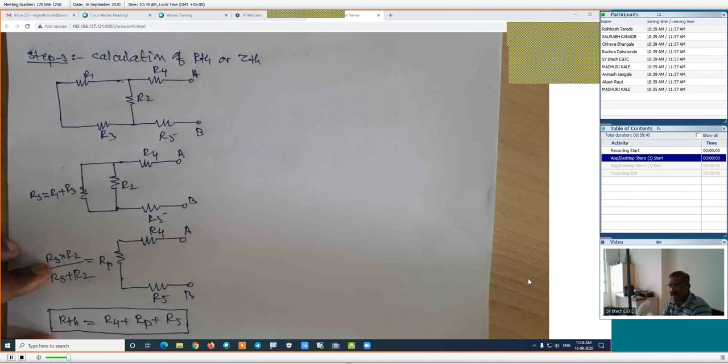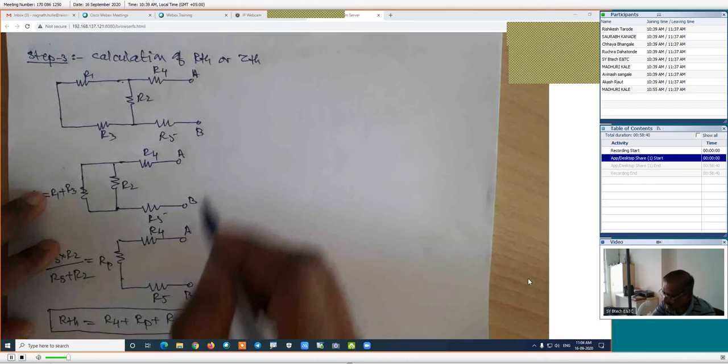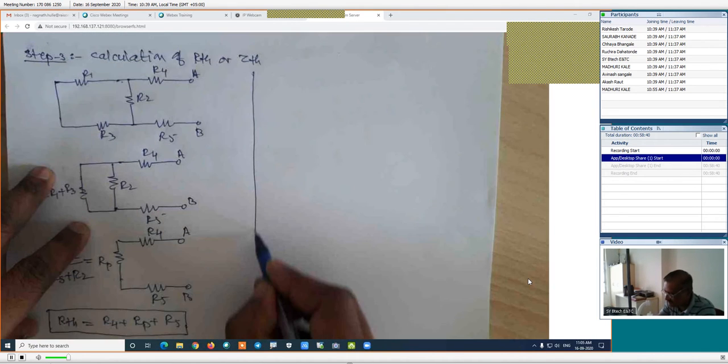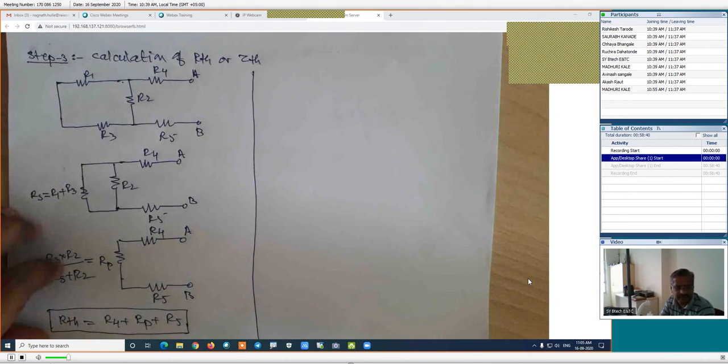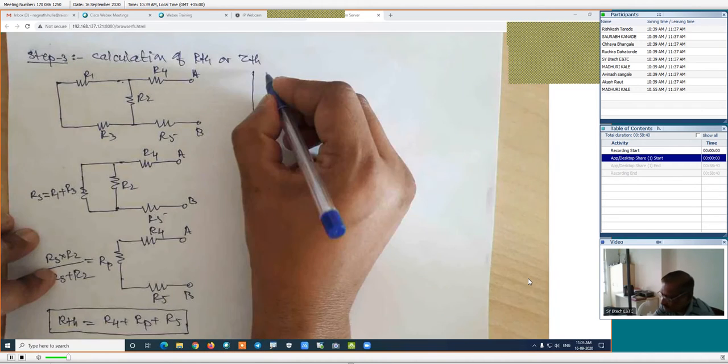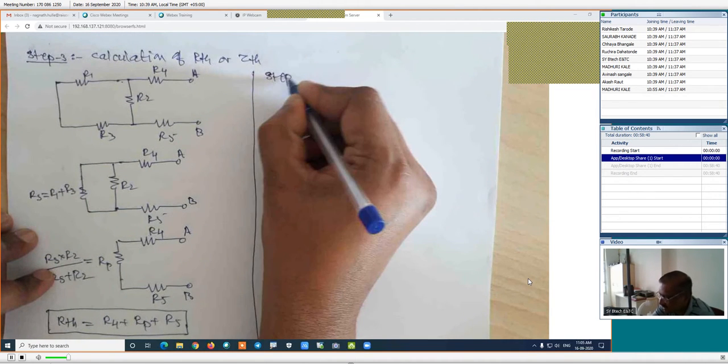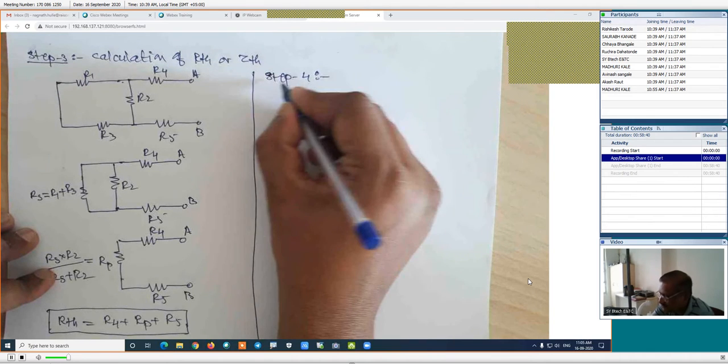Is it right? And if we know the value of RTH, then step number 4. What is step number 4?